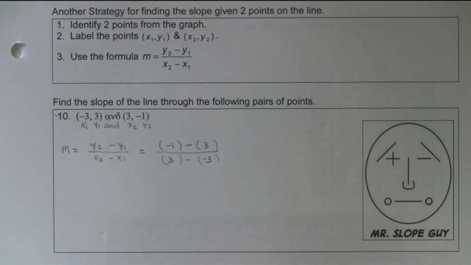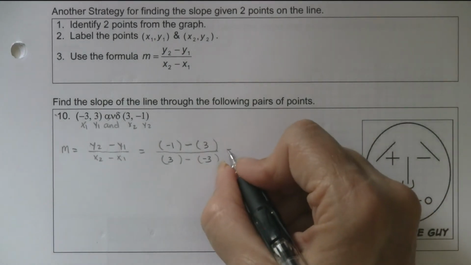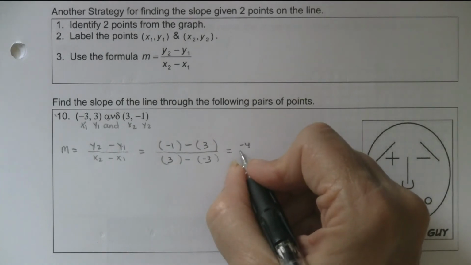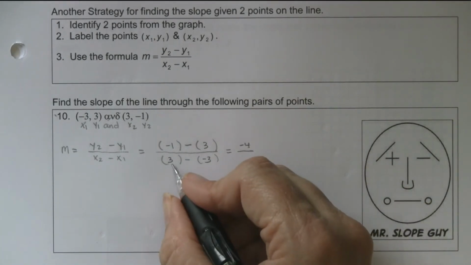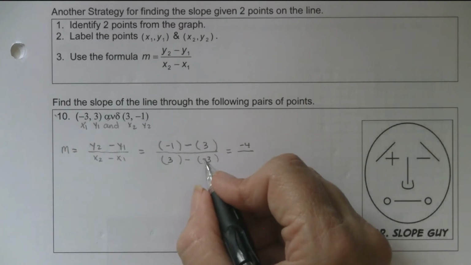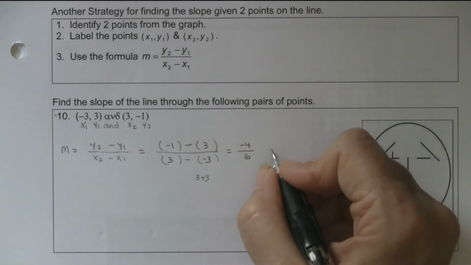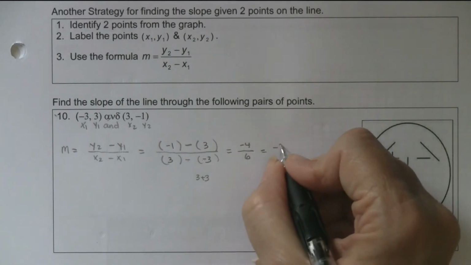And then all I have to do is the arithmetic, and then I will know the slope. So in the numerator, I have -1 subtract 3, that's -4. And in the denominator, I have 3 plus, right? Subtract of a negative is a plus. I have 3 plus 3, which is 6. So my slope is -2/3.